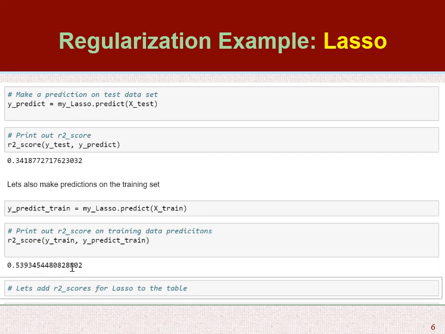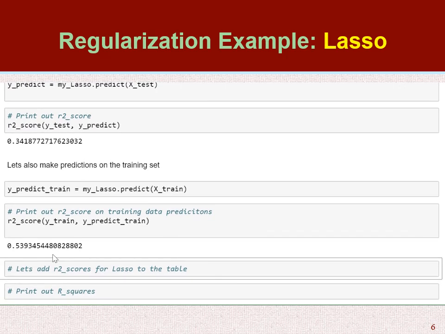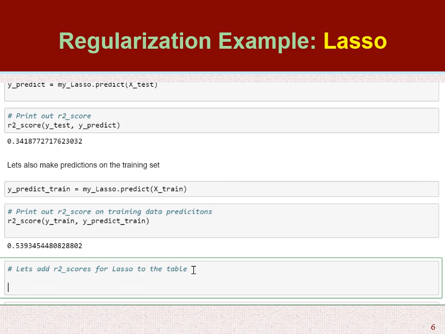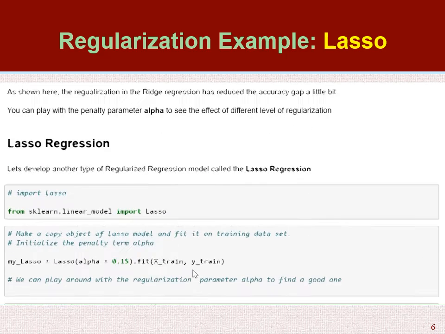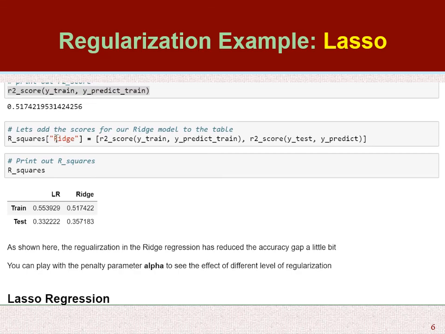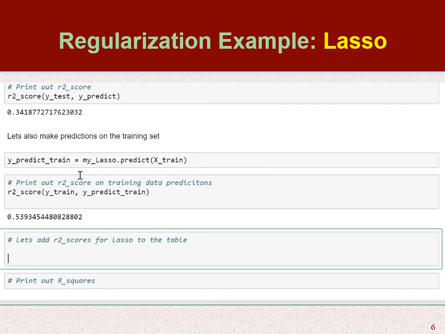So it's about 54%. All right, so let's add the R2 score for lasso to the table. What was it called? It was called R squares. So I'm going to call R squares, and then I'm going to call it lasso.